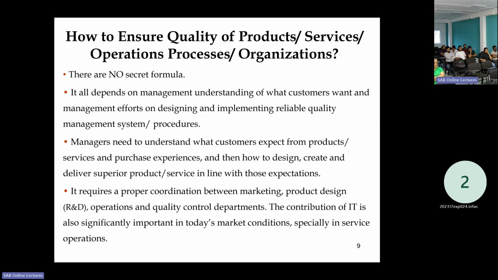Ultimately, what is customer satisfaction? Have you studied it? How is customer satisfaction assessed?